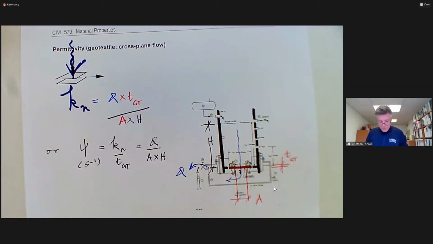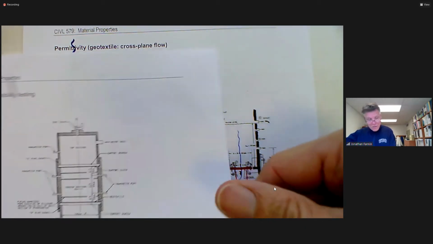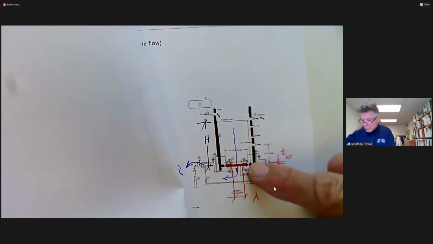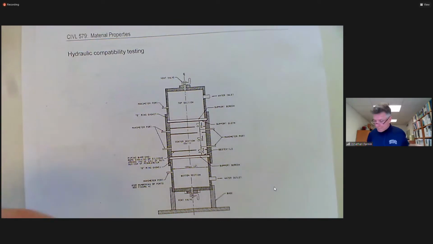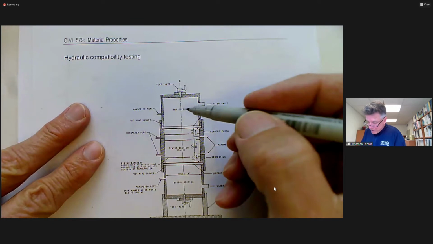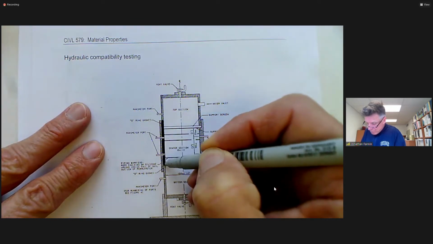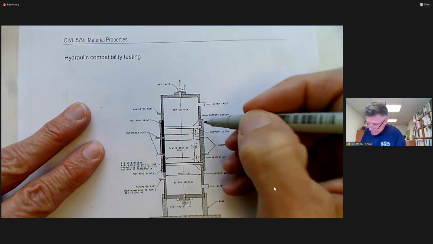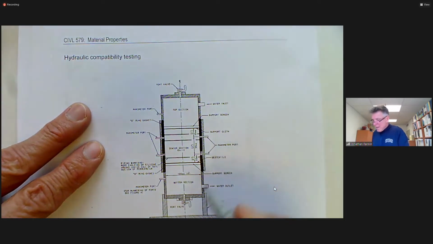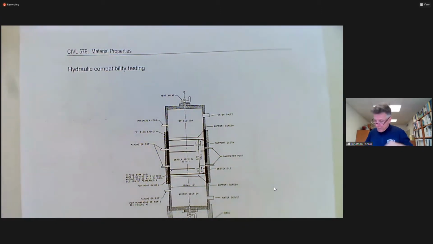But what if you took this rigid wall permeameter? I'm going over the page. I think this is the penultimate page of your notes. Let me keep the rigid wall permeameter. Here's the rigid wall permeameter. Again, we'll acknowledge the presence of measuring ports, but in essence, this is the bit that's the rigid wall. Let me put the geotextile in there.